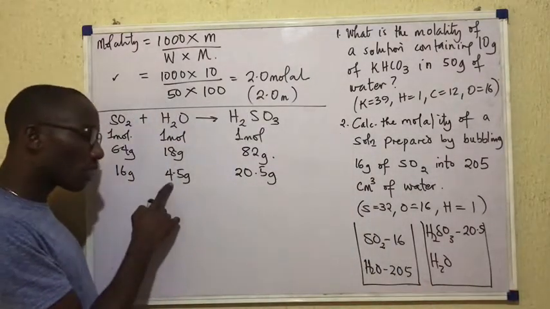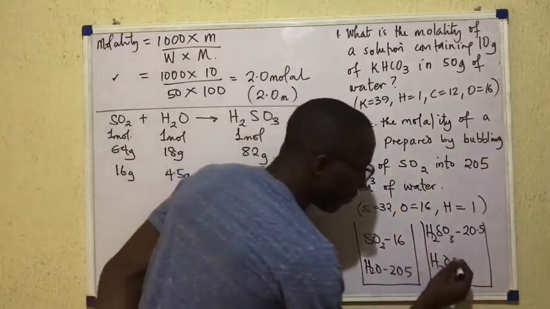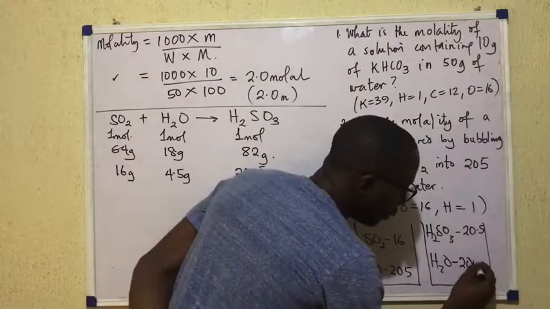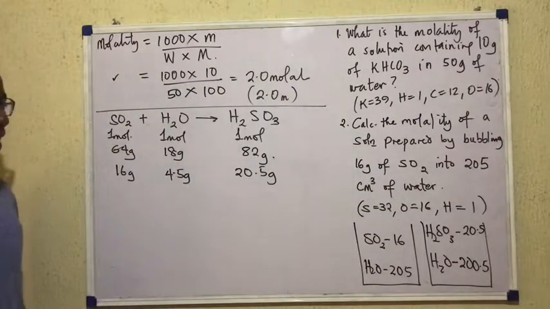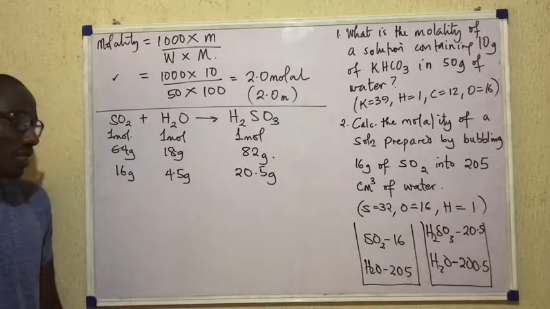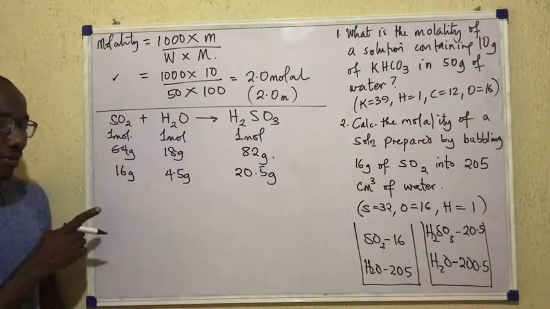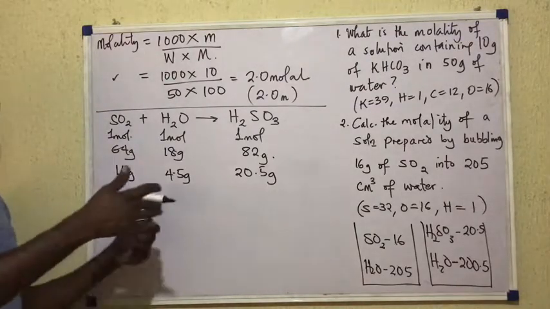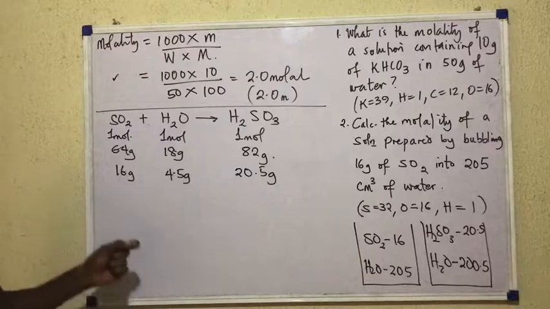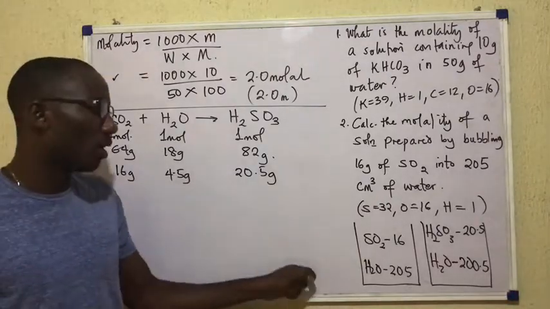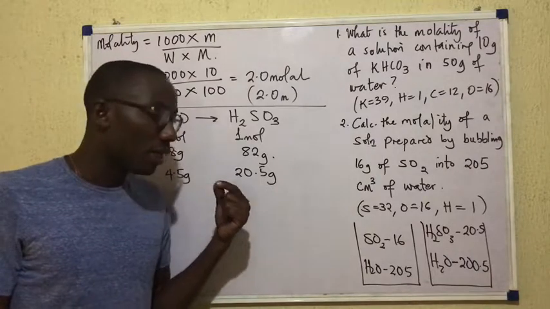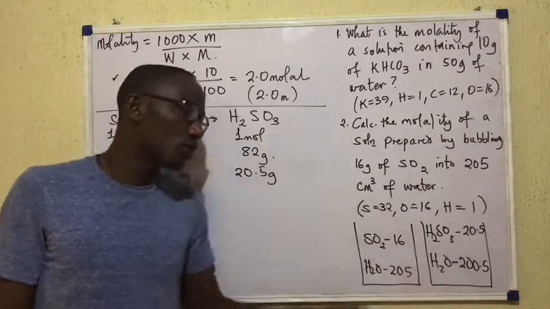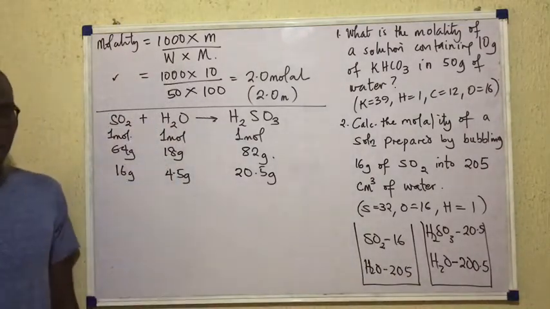So if you subtract this 4.5 from 205, you have 200.5. All right, so 200.5 is the mass of water that is left here after reaction. That means by the end of this bubbling, what we actually had in the container was 20.5 grams of H2SO3 inside 200.5 grams of water.